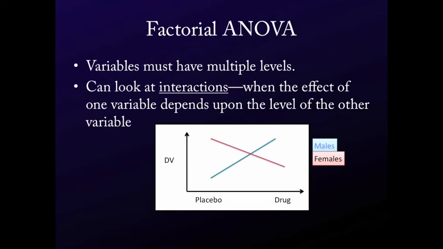Females are lower with the drug than they are with the placebo. This is what an interaction is always going to look like once you take away the effects of other variables. So when you see crosses in the graph like this, what they're showing you is when the lines cross, the effect of one variable depends upon the level of the other variable that you're looking at.